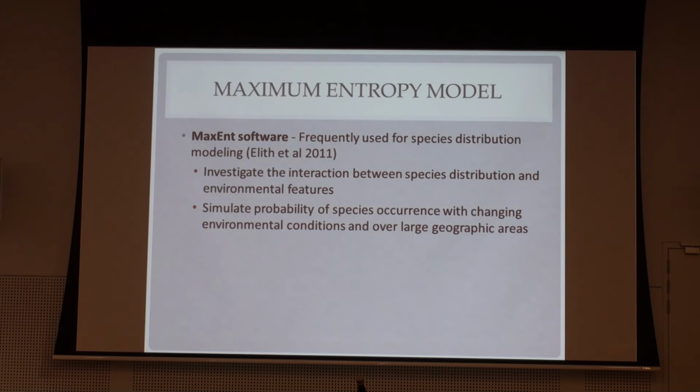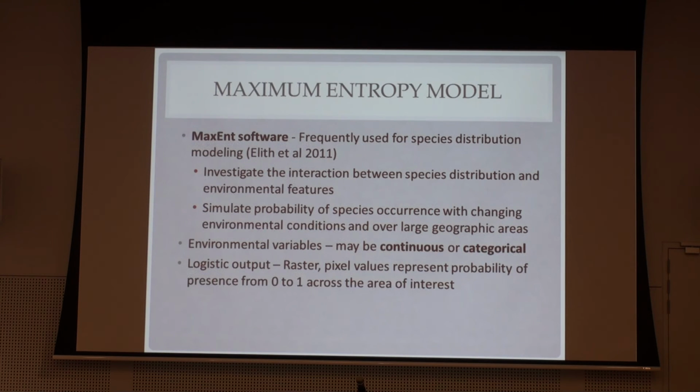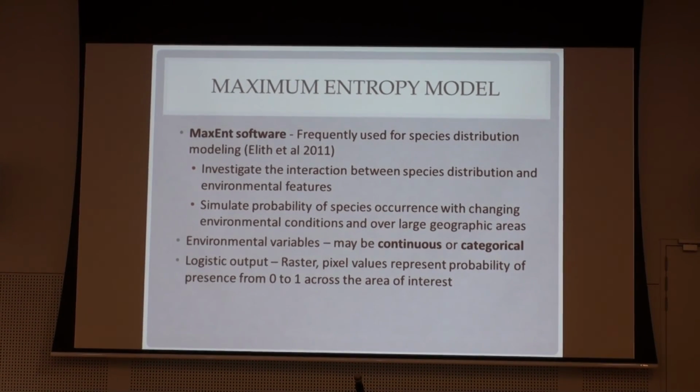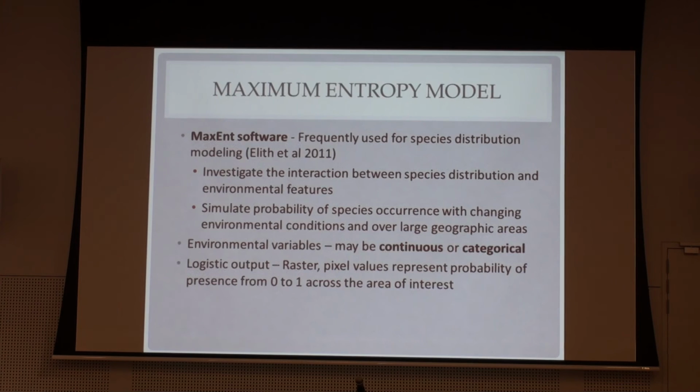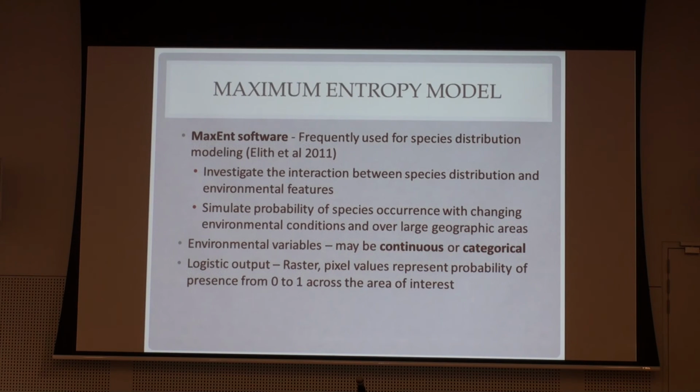The purpose of this type of modeling is to investigate the interaction between species distributions and environmental features. With MaxEnt modeling, we can have continuous or categorical variables, and you get a variety of output options, but we're using logistic output, which is the probability between 0 and 1 of the use of any particular pixel in the home range.